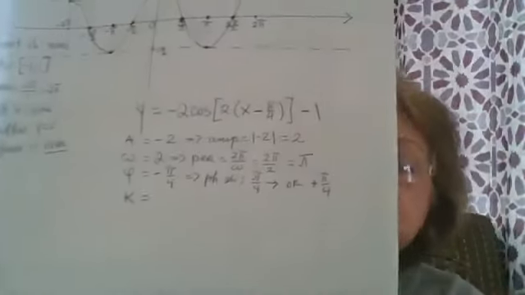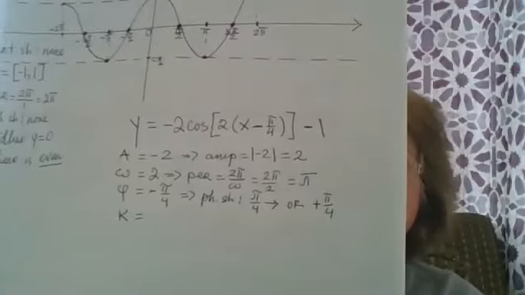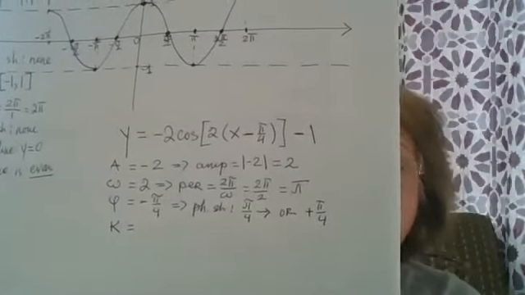Phase shift all the time moves in the direction opposite to the sign of phi. It is negative pi over 4, so the opposite direction is to the right. You can write pi over 4 to the right, or you can write that phase shift is positive pi over 4. Don't write both. Write the one which you like better.